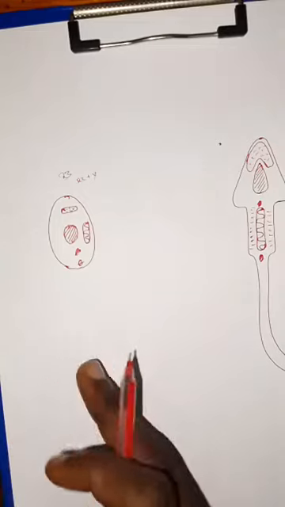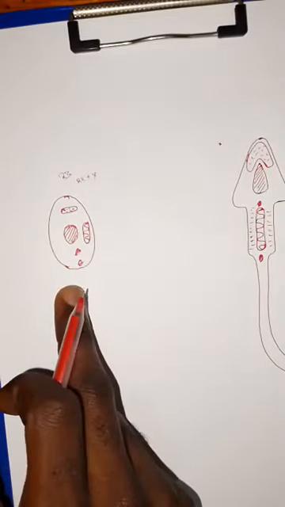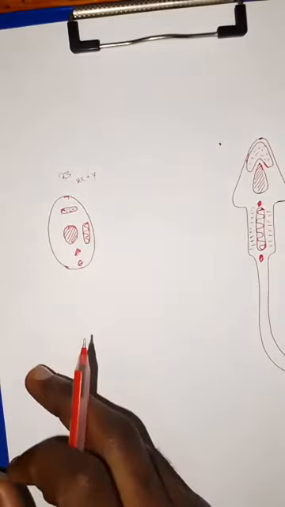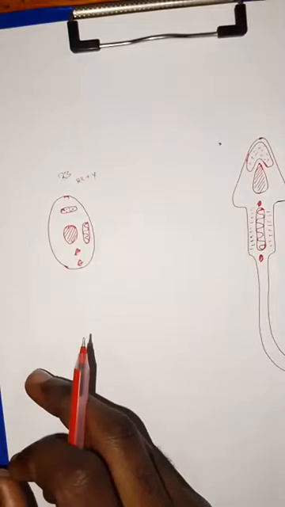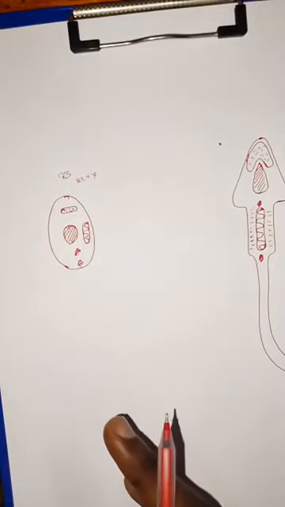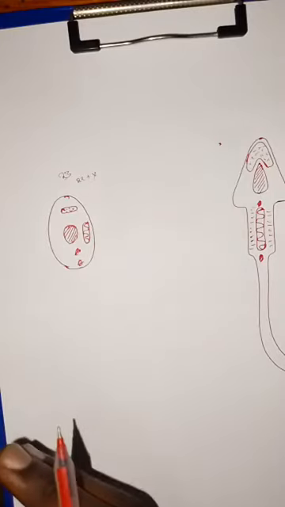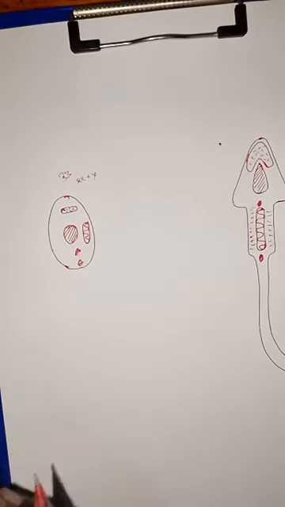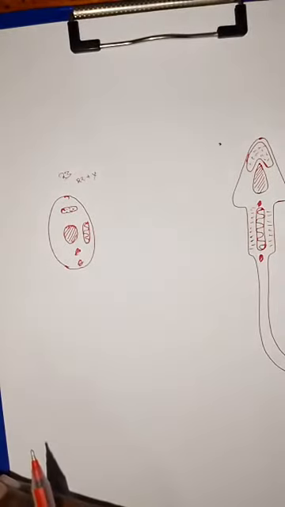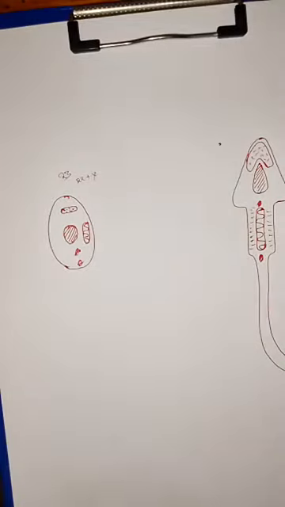When that happens, this spermatid is formed and will start undergoing the whole process of maturation. The spermatid will turn into a mature spermatozoa through some events that will take place.